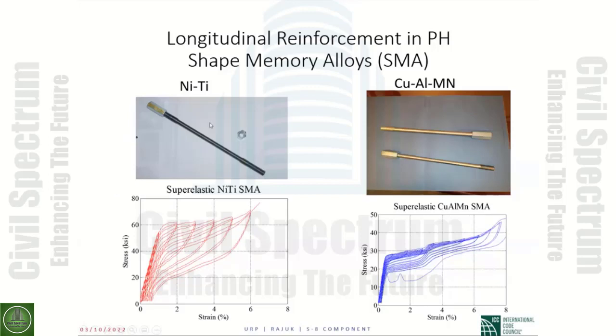So nickel titanium is a better known material. We have done a lot of research on that, but there's also a new generation of copper shape memory alloys. These are a lot less expensive than nickel titanium. Again, they have same general characteristics in terms of dissipating energy, but when the stress is removed, the strain is reduced near zero.